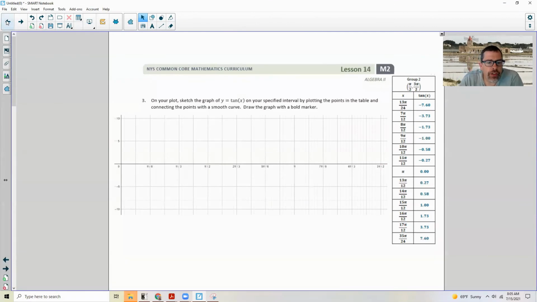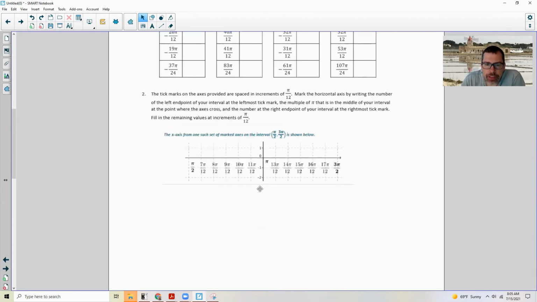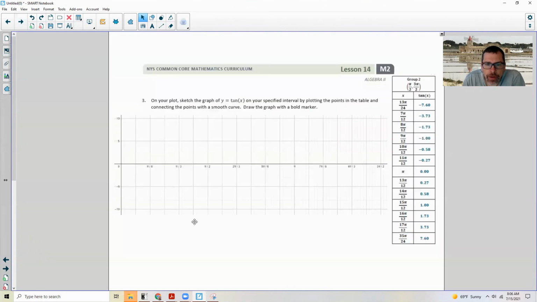Okay, so before I continue, let me go back to the last page here. And this here is positive. It's pi over 2, 7 pi over 12, 8 pi over 12, 9 pi over 12, all the way up to 3 pi over 2. They put a line here to show the y-axis, but the y-axis would actually be way over here. So now I'm going to do it this way.